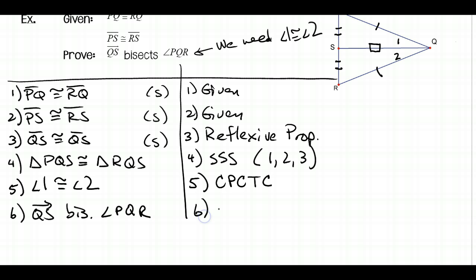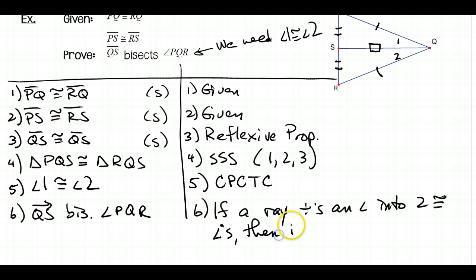And we're going to go back to the converse of our definition of bisect. If a ray divides an angle into two congruent angles, then it bisects the angle.